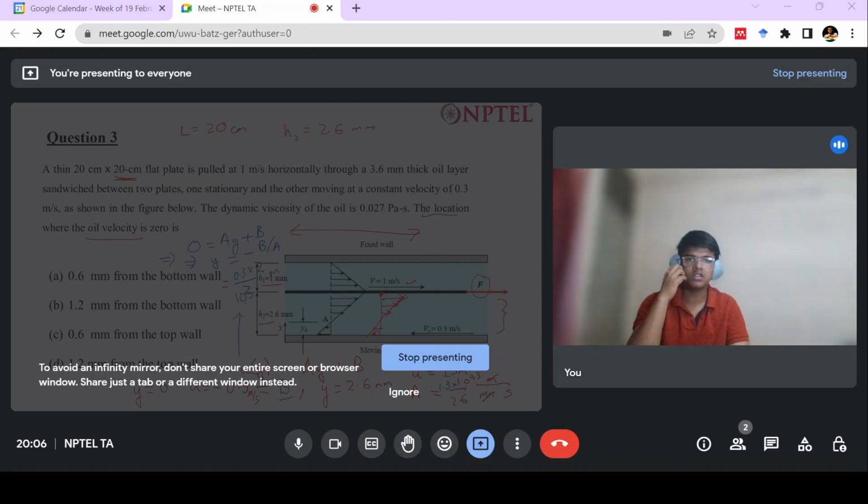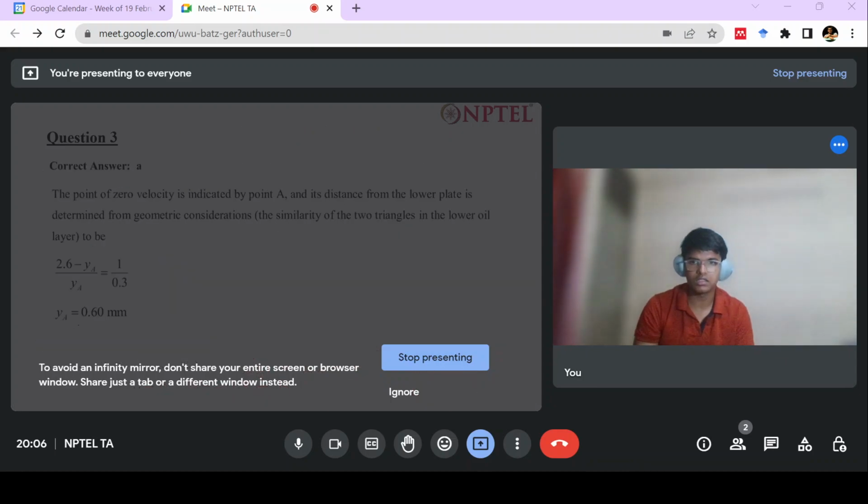This will be in meters, so the 10 to the power 3 at the bottom makes it millimeters, and 0.3 into 2.6 will make it 1.6 millimeters. So this should be the correct answer. They have basically done the same thing. However you want, you can also use the similarity of two triangles. Just take the ratios and from there you will get the answer.